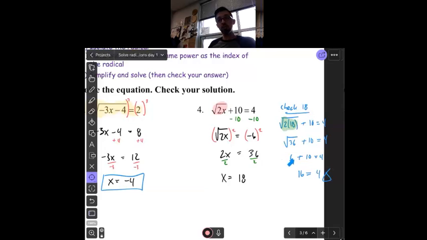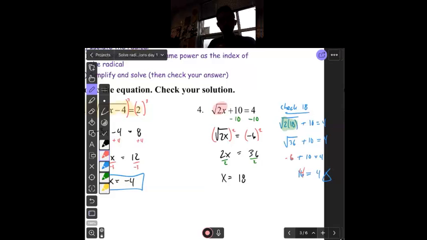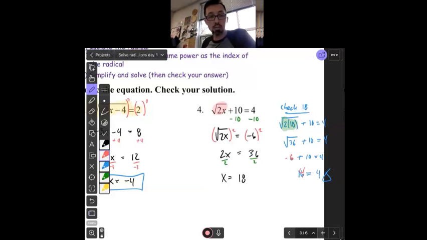So how do you know if it's incorrect versus extraneous? If we changed one sign, it would have been fine. If this had instead said negative 6 plus 10, then it would have said 4 equals 4. One sign is all the difference. That's how you can tell that this is extraneous versus wrong.